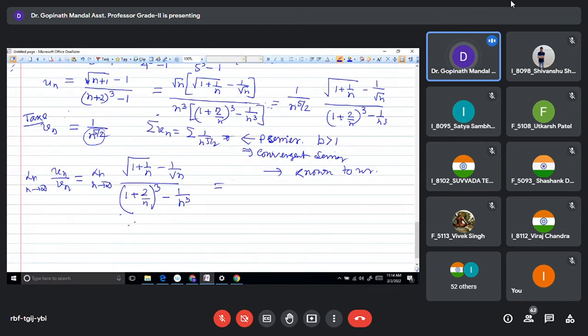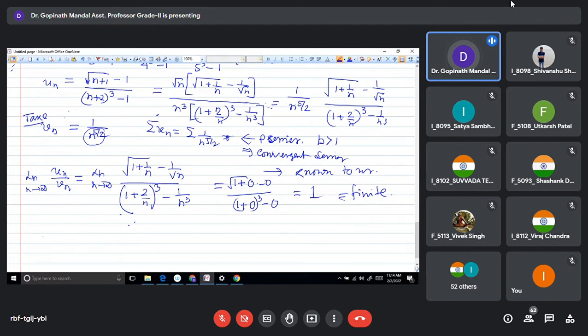So this will be 1 plus 0 minus 0 by 1 plus 0 cube minus 0, that is 1. So this is finite.